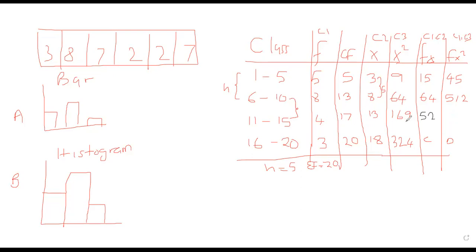And 4 times 169, what do we get? 676. Okay, and then here, C, what do we get on C? C and D.